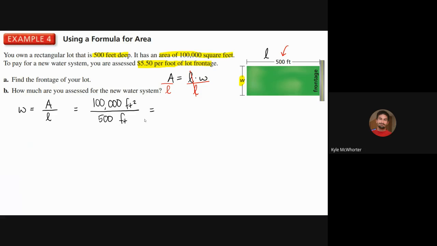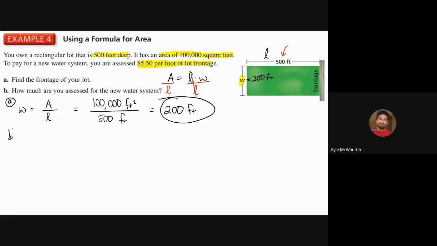So 100,000 square feet divided by 500 feet is 200. And then square feet divided by feet is feet. So the width is 200 feet. So for part A, we got the width was 200 feet.